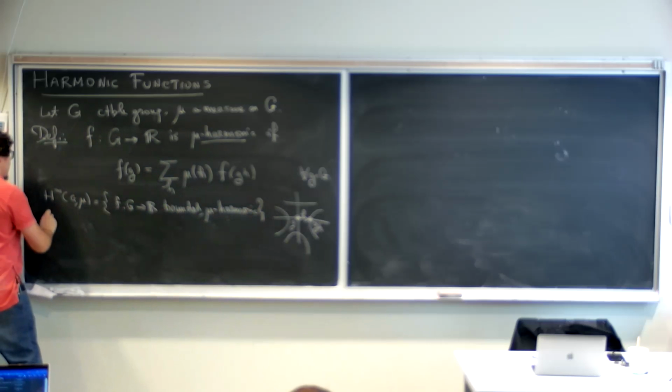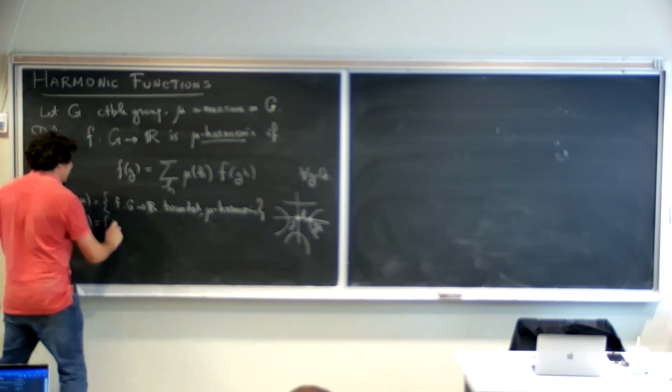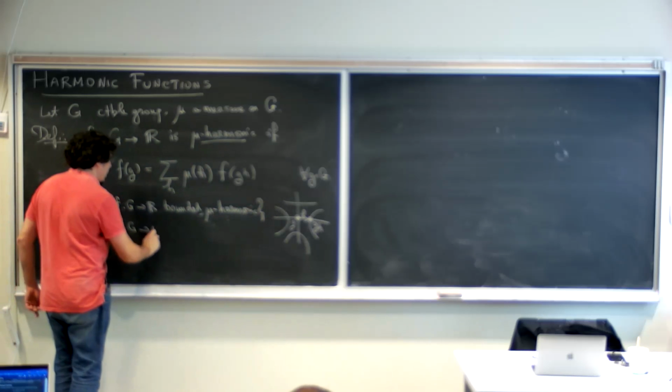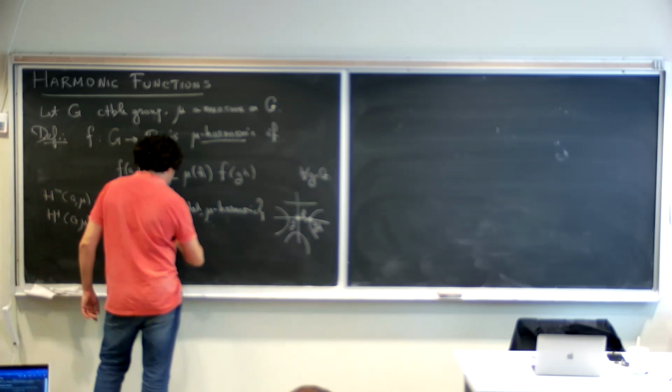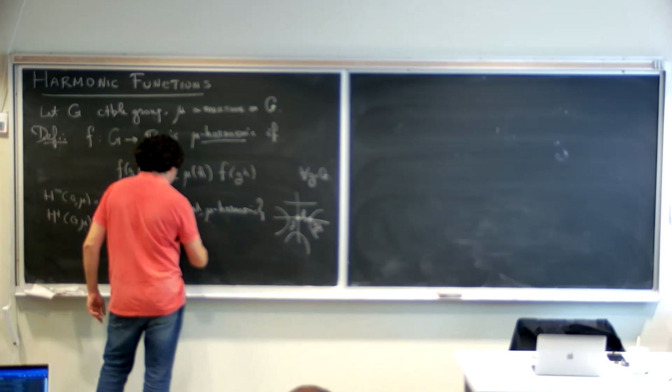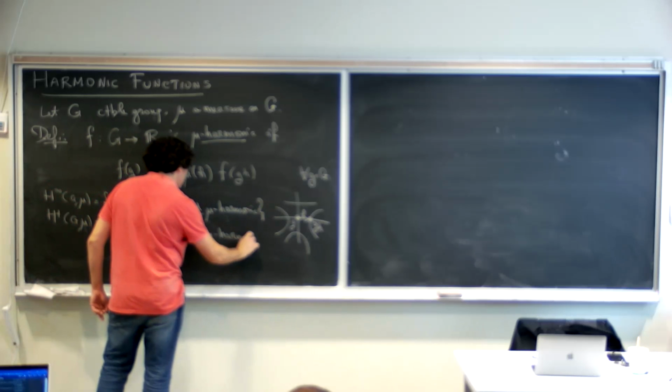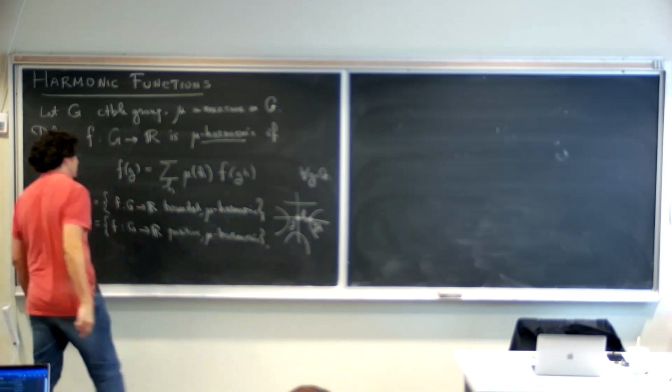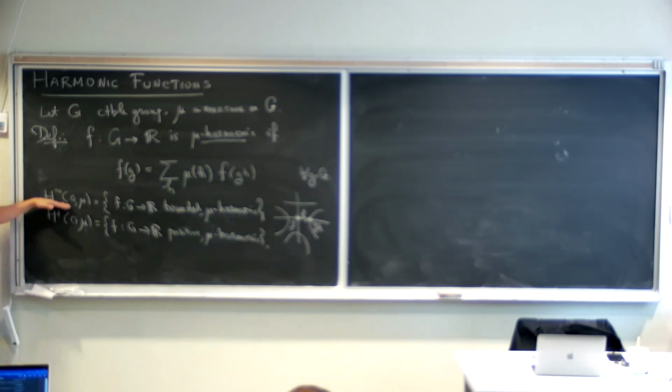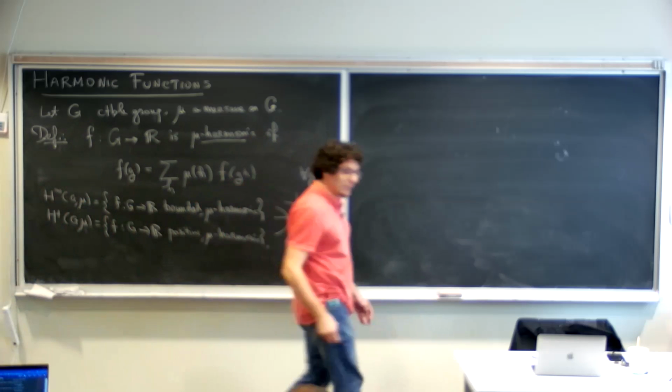And then we have the positive functions H plus of G, mu, which is f from G to R, which is positive and mu harmonic. So the constant functions are in this space. The constant positive functions are in this space as well. Well, sometimes there are more things. But we haven't seen any new things yet.